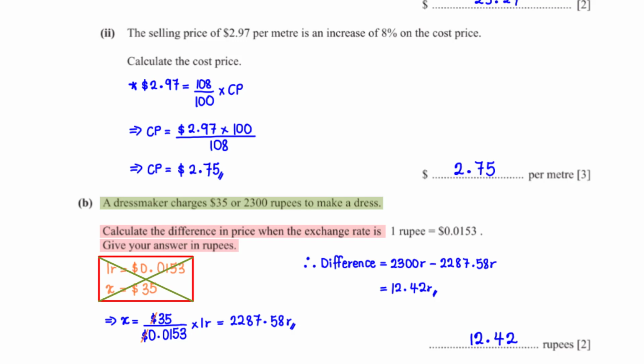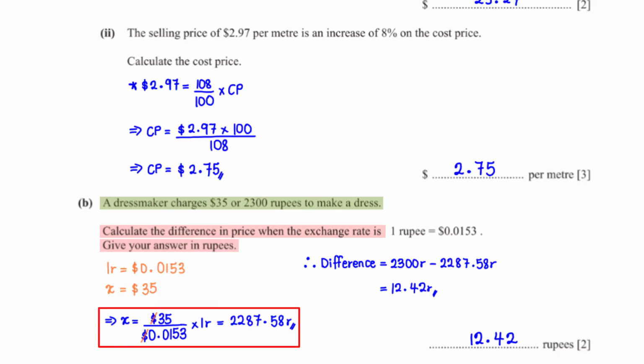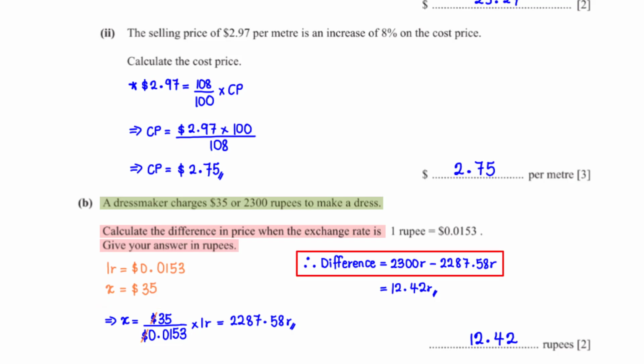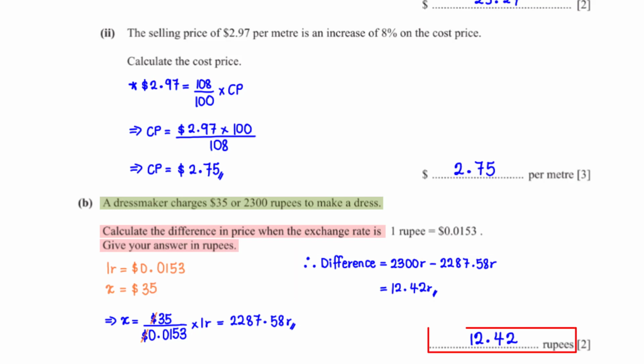When we cross multiply and make X the subject, we get 2,287.58 rupees. So now the difference in price would be 2,300 rupees minus 2,287.58 rupees, which is equal to 12.42 rupees.